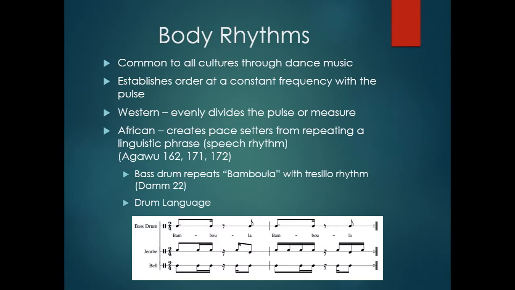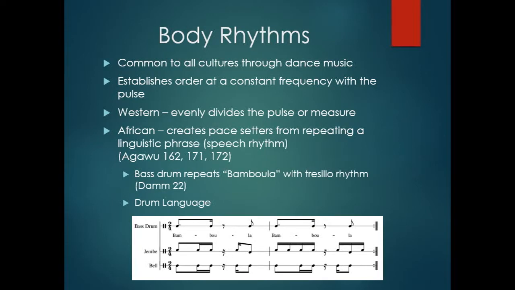Now going to body rhythms. Body rhythms occur in all cultures because of dance music. To me, the body rhythm establishes an order at a constant frequency, so it establishes a frequency that stays steady to produce the pulse. This creation of body rhythms is created through dividing the pulse, but Western and African music contrast with each other, because Western music commonly divides the pulse evenly, as with the duple and triple meters.